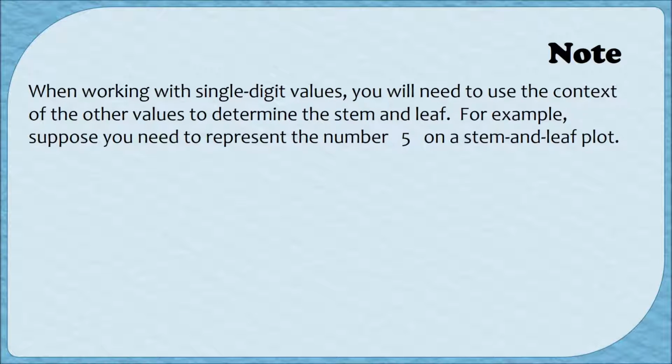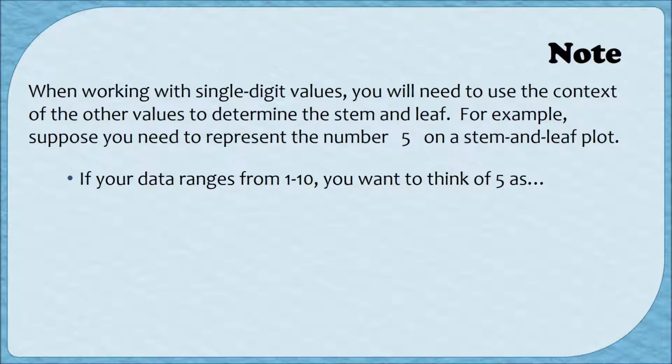For example, if my data ranges from 1 to 10, that means I'm going to have numbers like 8.7 or 2.6 or 5.3. In that case, it's probably best to think of the number 5 like 5.0. When we think of the number 5 as 5.0, then we'll chop the 0 off as the leaf, and the stem would be a 5. In other words, the 1's place is going to be where my stem is.